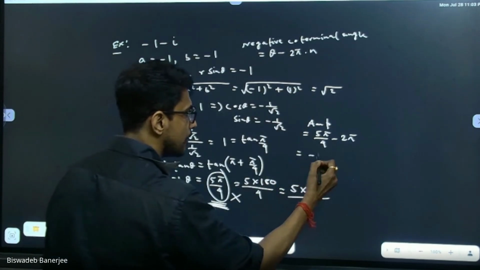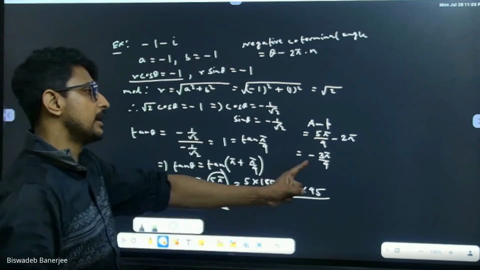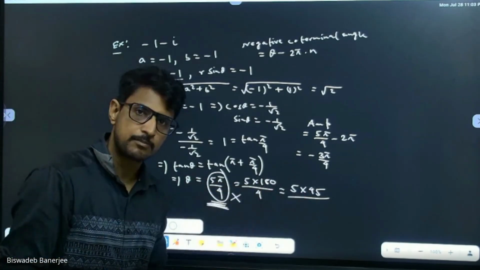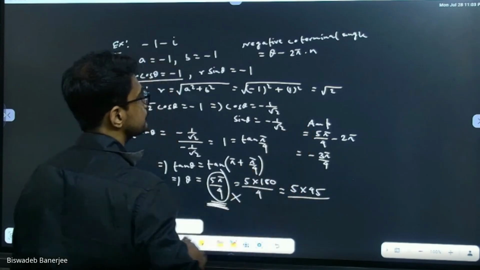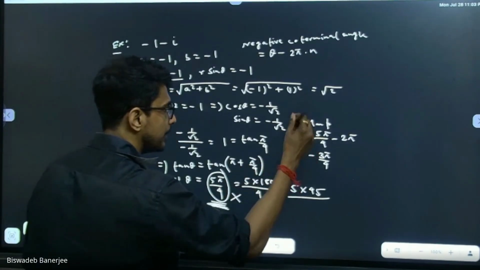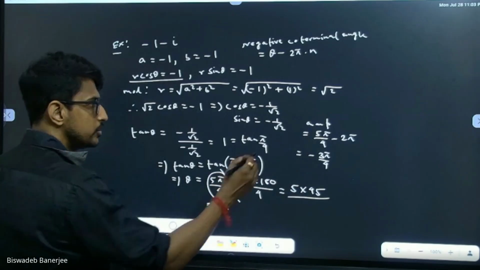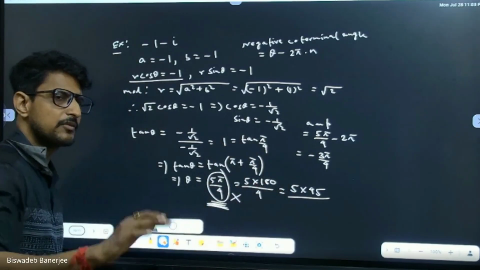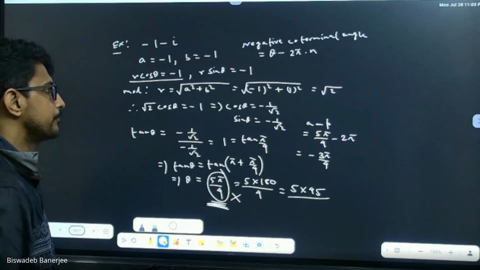So my answer becomes minus 3 pi by 4. You can see that this angle lies between minus pi and plus pi, so this is my amplitude in this question. Since the principal amplitude notation is a small a, we write a in small letter. It's a standard notation. My amplitude becomes minus 3 pi by 4.